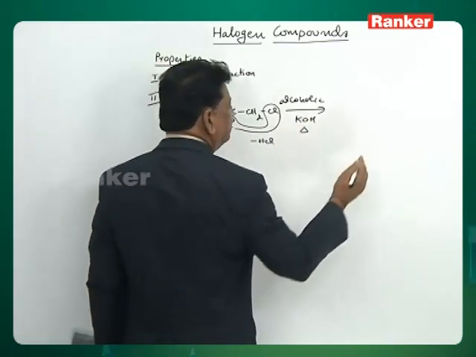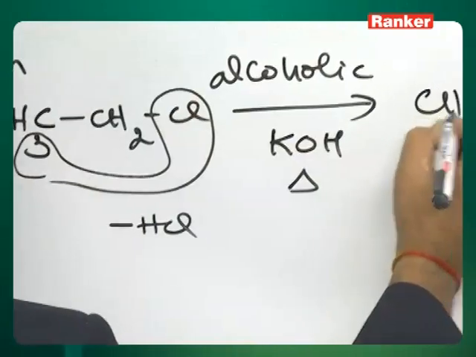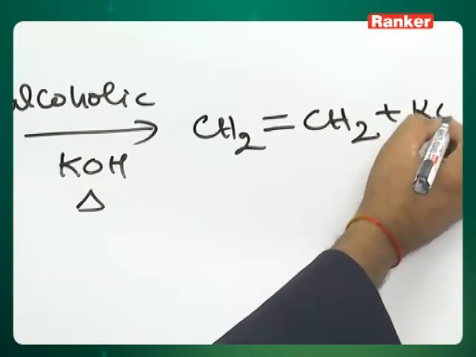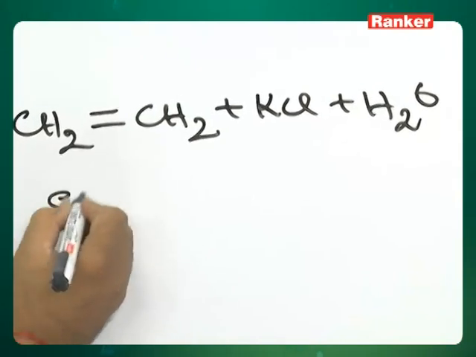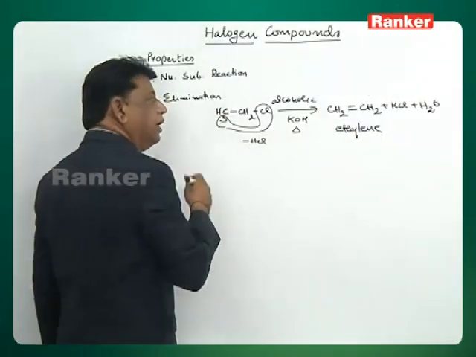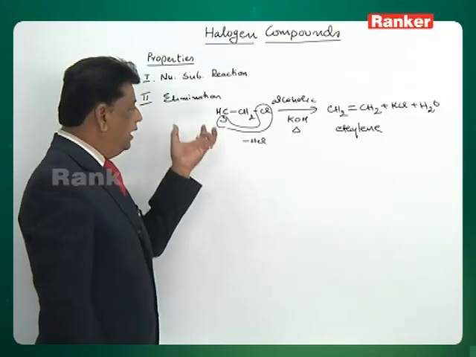This HCl reacts with KOH, forms KCl and water, but the main compound will be the CH2 double bond CH2, and ethylene is formed and the KCl and water is formed as a byproduct. This alkene is formed, and ethylene is formed from the ethyl chloride, giving this type of alkenes and losing a HCl.